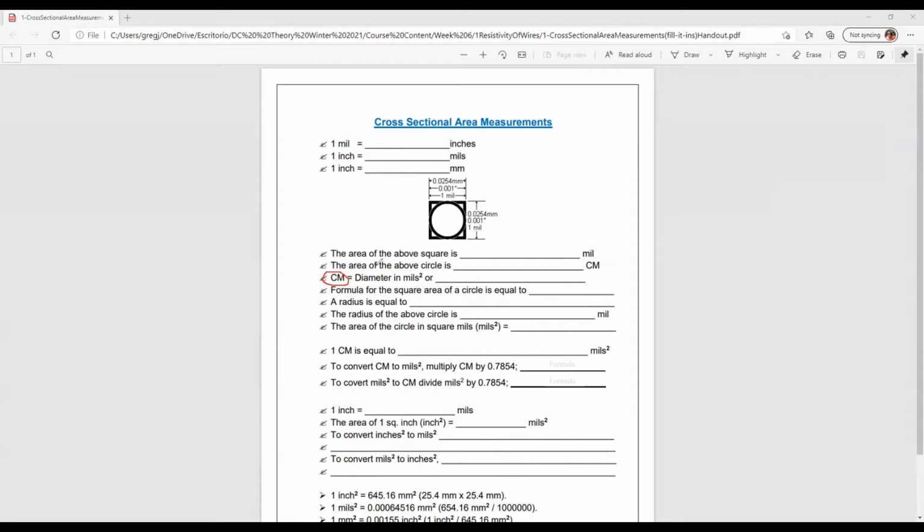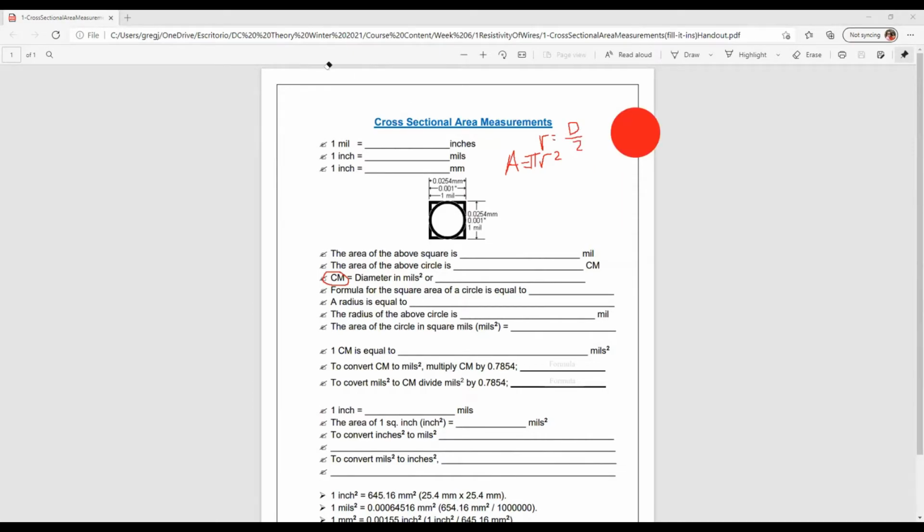Now, let's do a little play here. If I want to find the area of a circle, the area is equal to pi times r squared, where r, the radius of a circle, is equal to the diameter divided by 2.